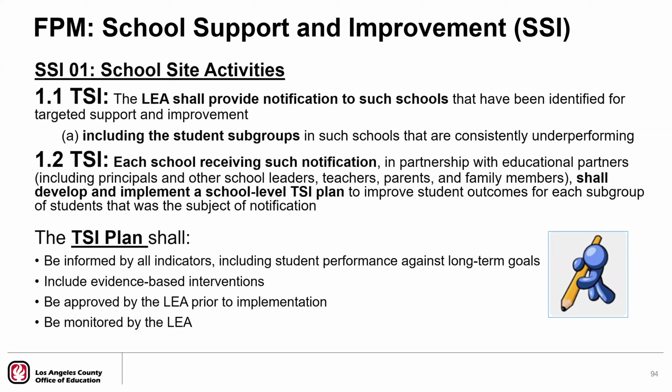The TSI plan must be informed by all indicators, including student performance, along with the long-term goals, include evidence-based interventions, be approved by the LEA prior to implementation, and be monitored by the LEA.